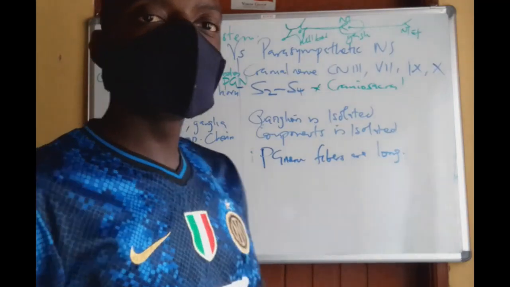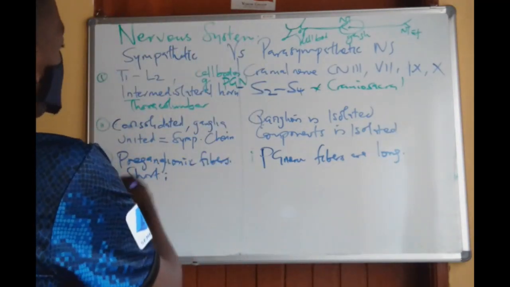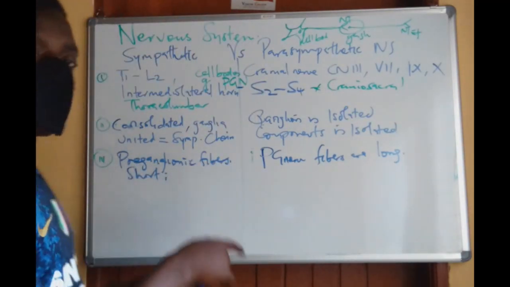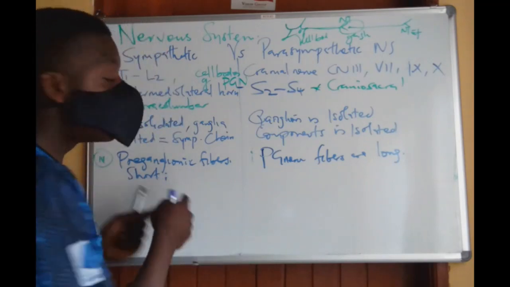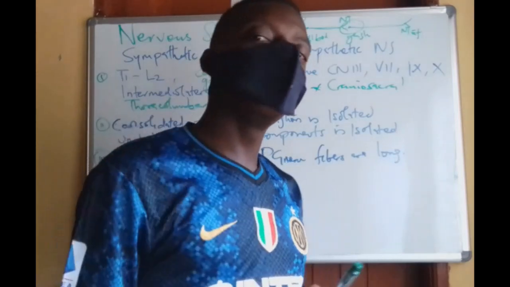Where do they terminate? For sympathetic preganglionic fibers, they terminate in the paravertebral ganglia, which I've said are those forming the sympathetic chain. Then the prevertebral ganglia: we have the celiac ganglion, the inferior mesenteric ganglion, and the superior mesenteric ganglion. And also what you can call internal ganglia.